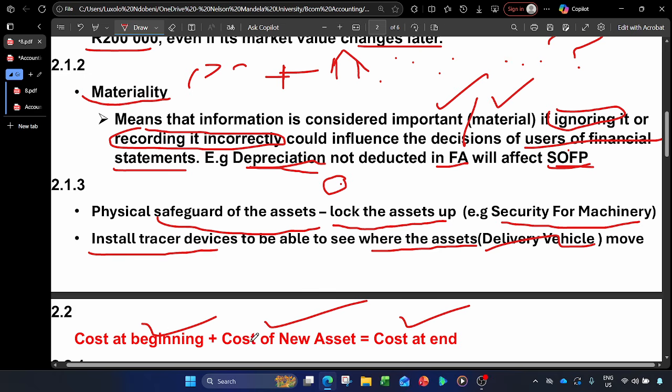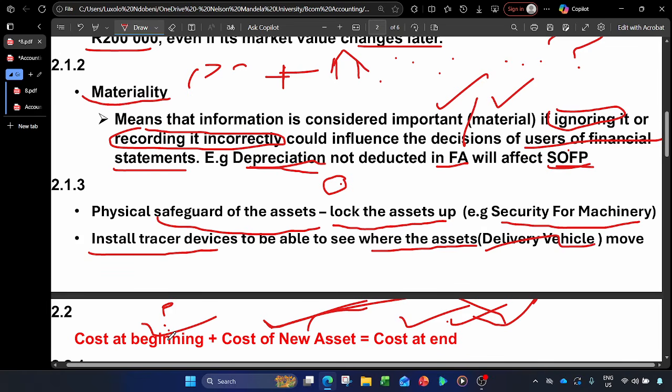So if we have the cost at the beginning and the addition, we can get the cost at the end. Now what if we have the cost at the end and the cost of the new asset, but we don't have the cost at the beginning? Then we take the cost at the end and transfer the cost of the addition so that you can get the cost at the beginning.